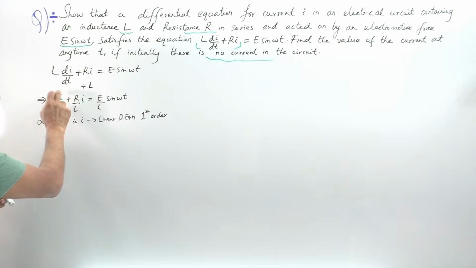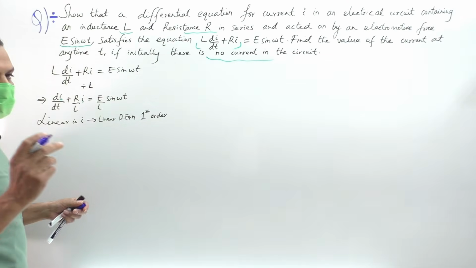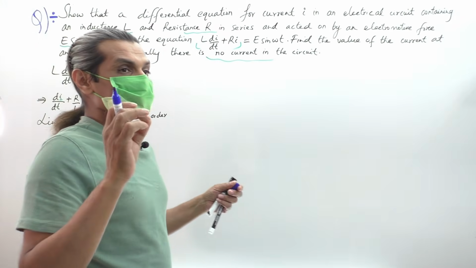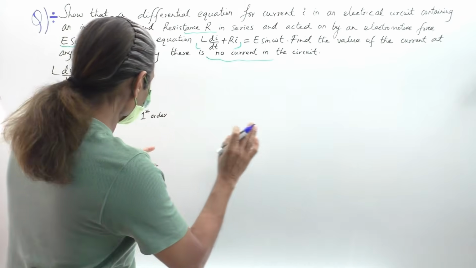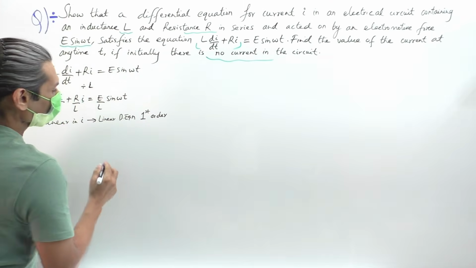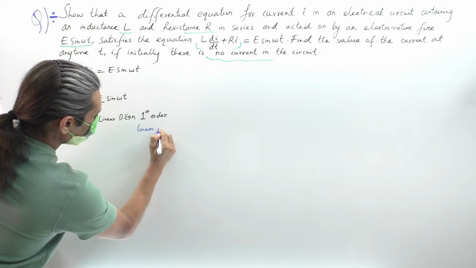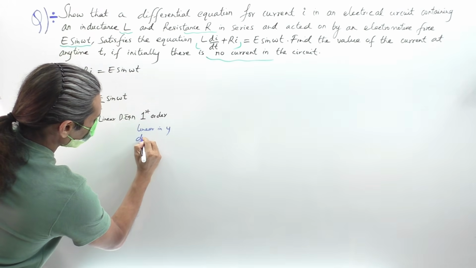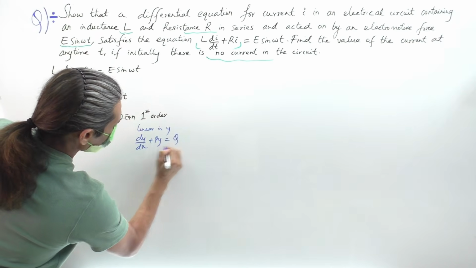That means we need to find a solution for I here. So how to find it? As you have seen in the previous problems, we have solved many problems on this linear differential equation. The theory says that linear in y means the form is dy by dx plus py is equal to q.